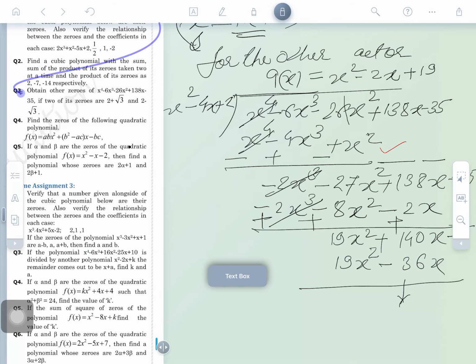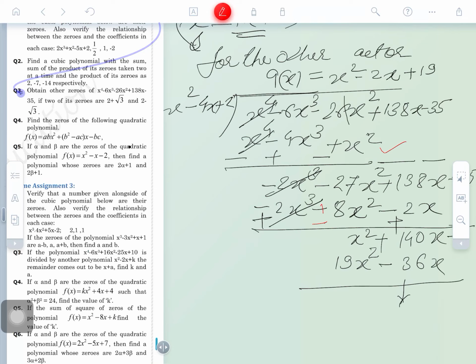What mistake did we find? Here plus 8 will be there, and if here plus 8, then here minus, and minus 2 of minus 2, this is correct. So what shall come? There is one mistake we made here, this will not come. What will come here?